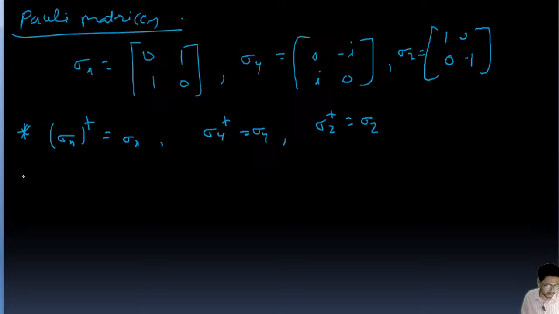So the determinant of sigma x, sigma y, sigma z is -1, and this says that Pauli matrices are Hermitian matrices.